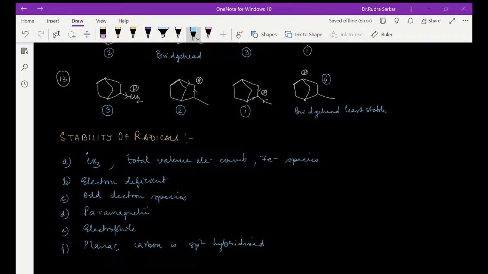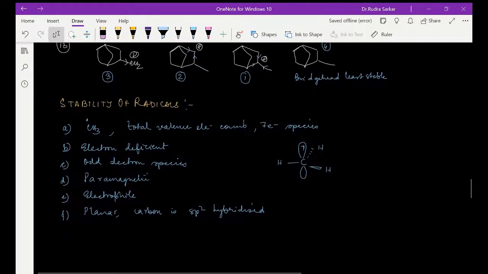It looks something like that. And in the p orbital, there should be one odd electron. That is what a radical is.